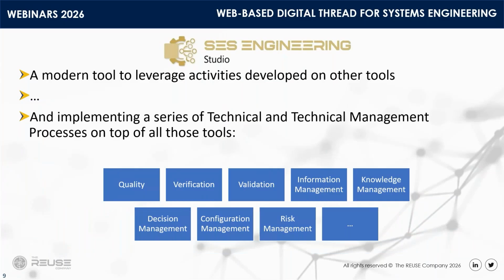And the kind of activities that this tool allows are to facilitate the digitalization of the technical management process and the technical processes of systems engineering. We have implemented and digitalized several, like the ones displayed here, and many others to come.